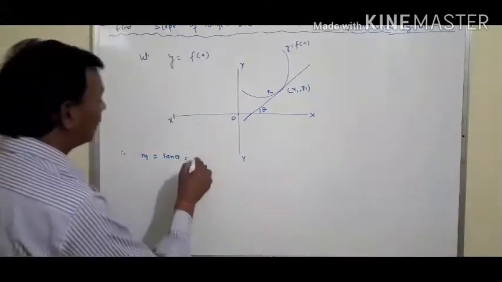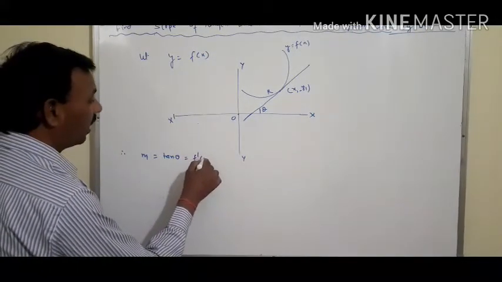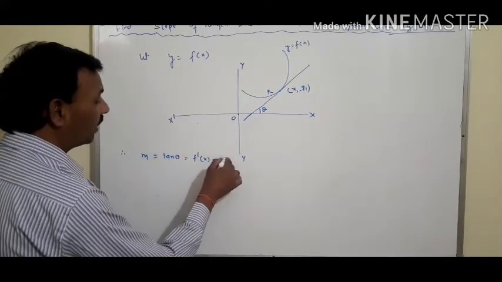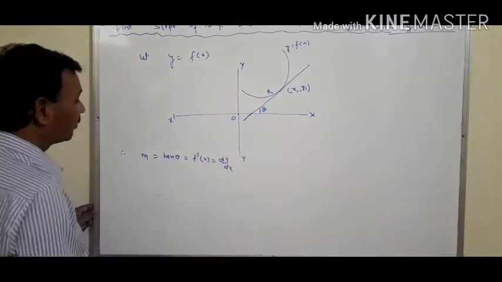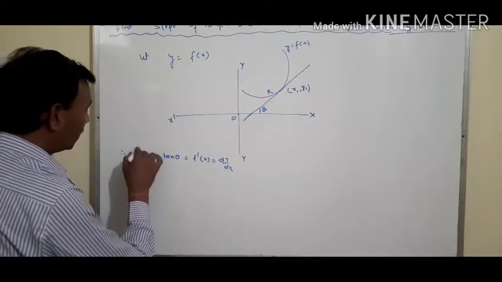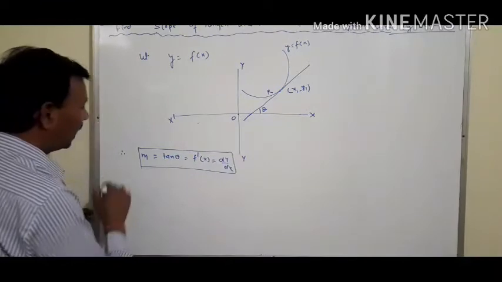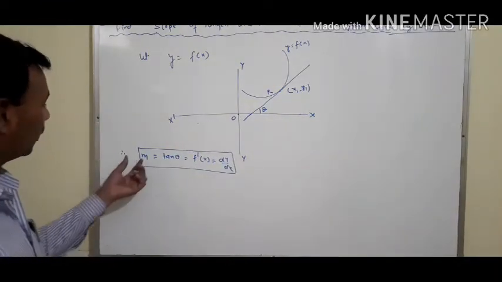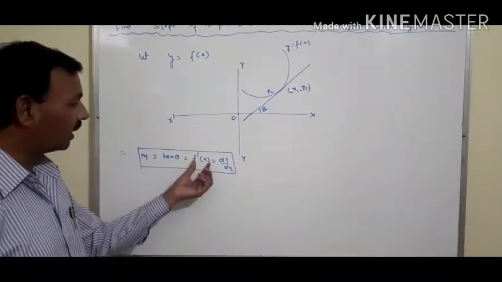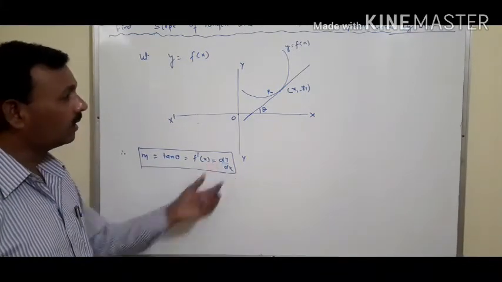That means f dash of x or dy upon dx. This is the slope of tangent.